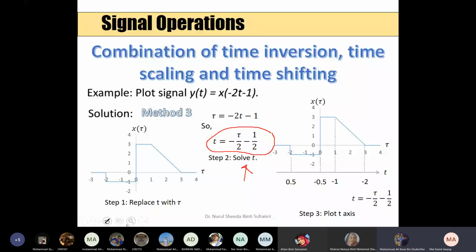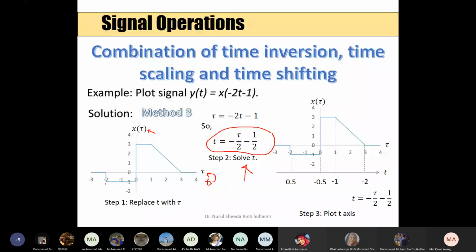Basically, from the original signal, the t-axis is replaced with tau. So you write it as x of tau, a function of tau.